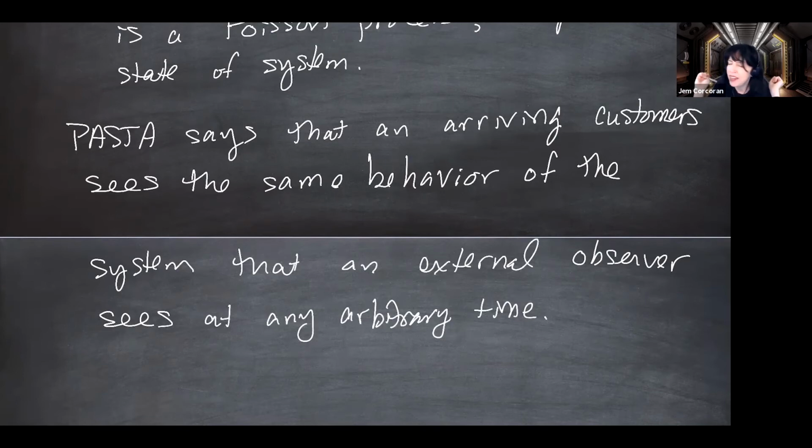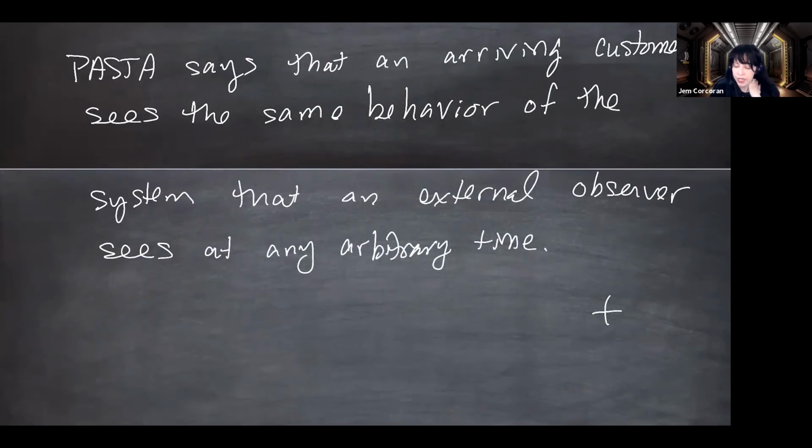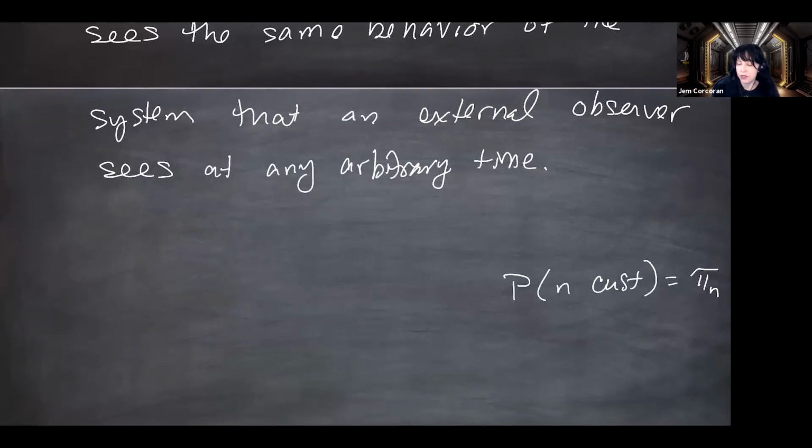So at any time you want to look at that chain, not a randomly defined time that depends on what's going on in the chain, but just pick any fixed t, you look at the chain, and if it's in equilibrium, the probability you see n customers is going to be what we've been calling pi n, the stationary distribution. We're in stationary mode. At any time t, the probability that there's n people in the system is pi sub n.